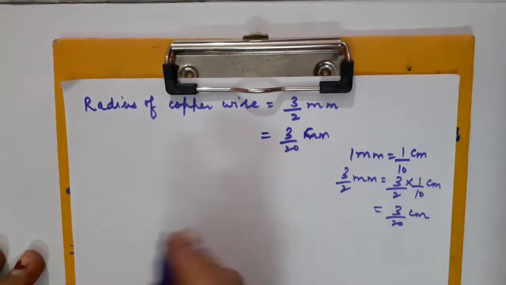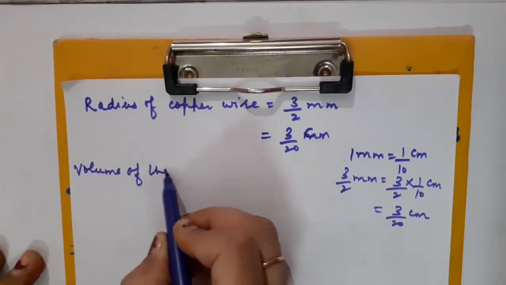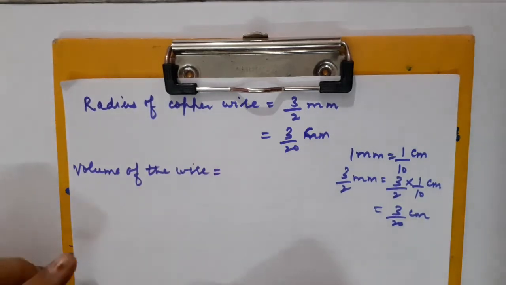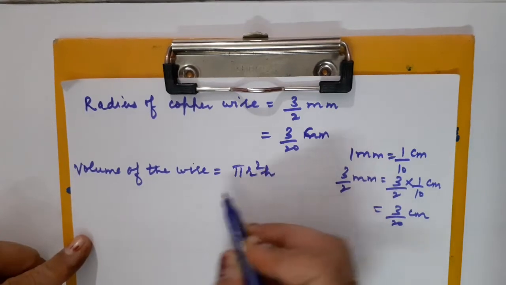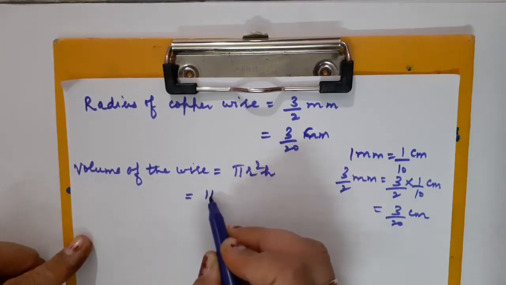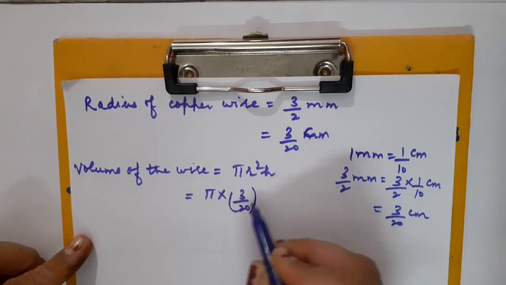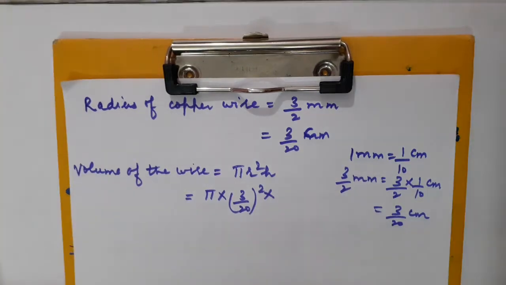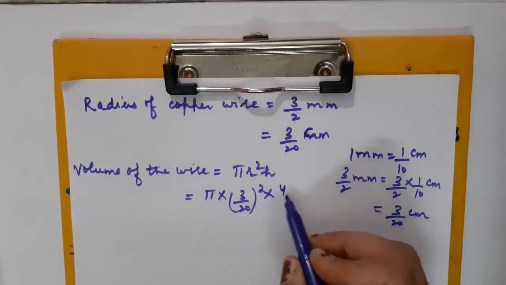Correct? Now we want its volume. Volume of the wire. Children, wire is also cylindrical in shape. So that is pi r square h. I must write pi r square h. So pi I am going to write as it is. What is r square? That is 3 by 20 whole square. And what is the height? Or you can say that the length of the wire which is used to cover the curved surface area of the cylinder, that is equal to 400 pi.